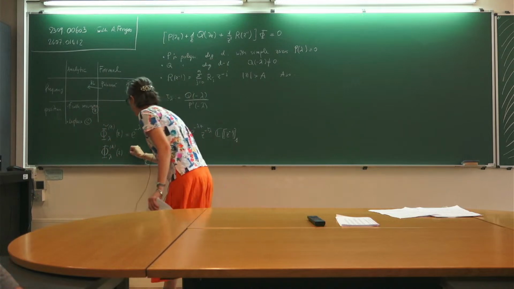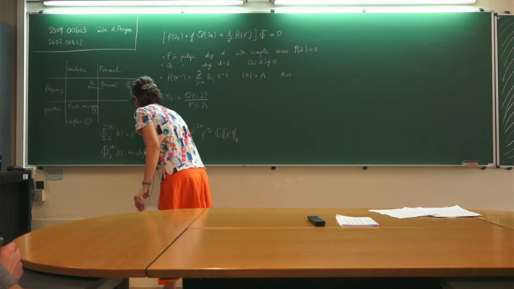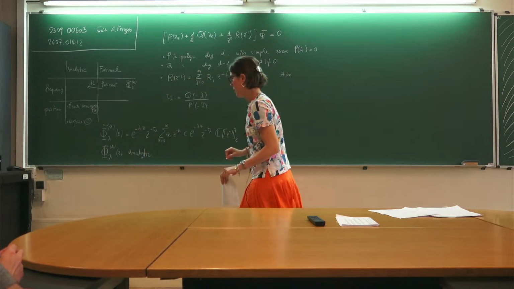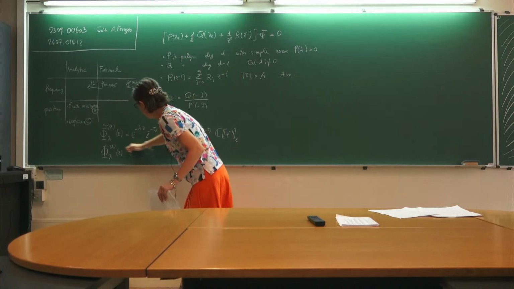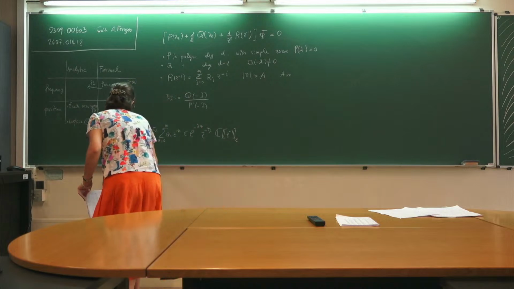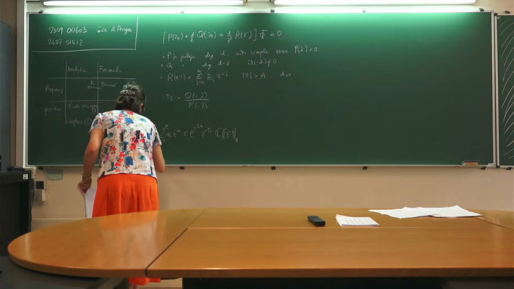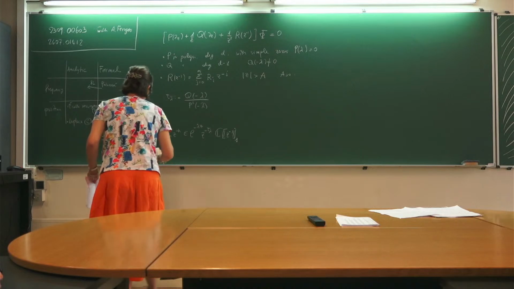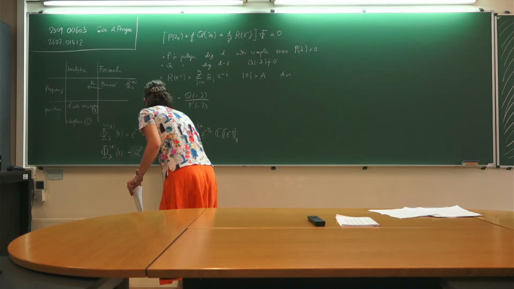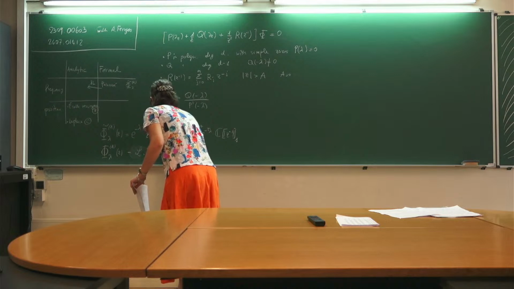So this is analytic, maybe just in a certain domain, and in fact, let me just write, it's the Laplace transform of the Borel transform of this phi tilde lambda A.